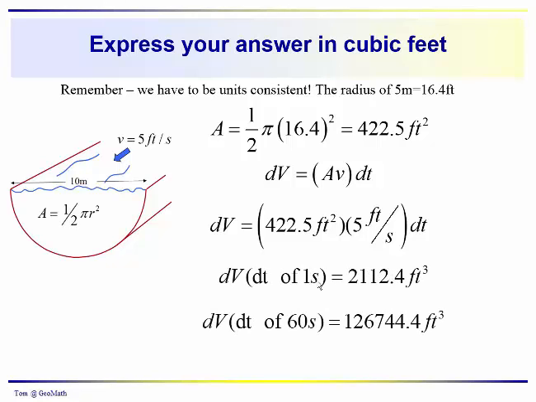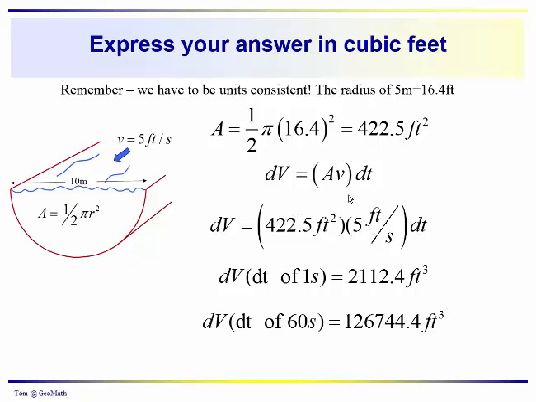If that interval of time is 1 second, that gives us 2,112.4 cubic feet. If we're looking at the volume of water that flows by in 1 minute, it's 126,744.4 cubic feet.